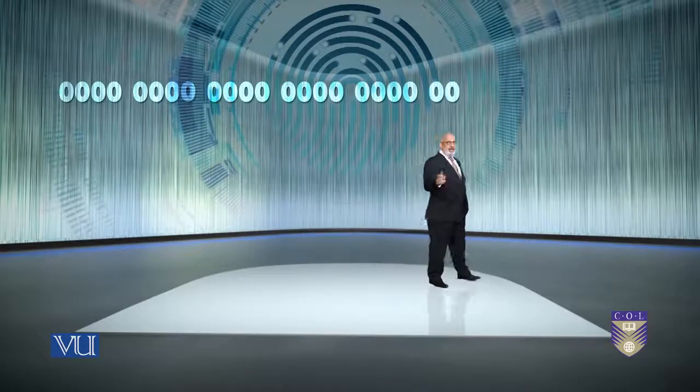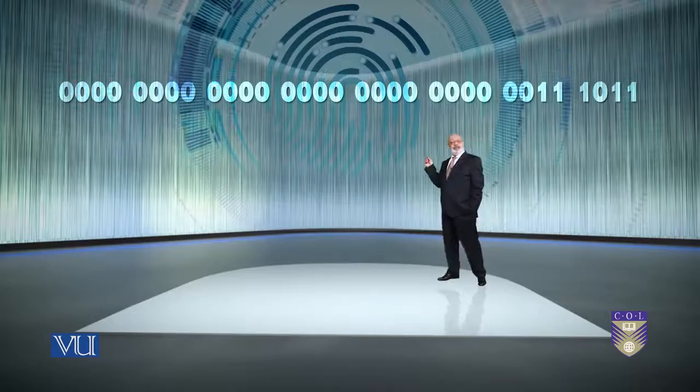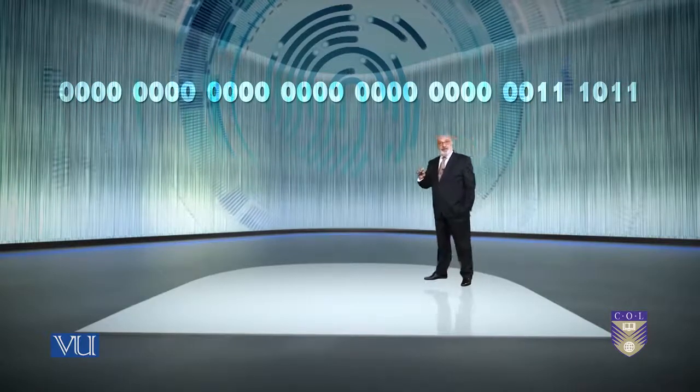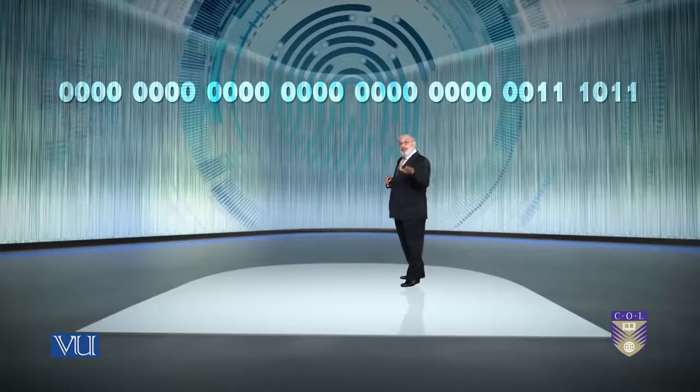Suppose we are given a number of computer words represented in 32-bit format. Remember, the basic storage unit, the representation unit inside a computer in a binary system, is a single bit.